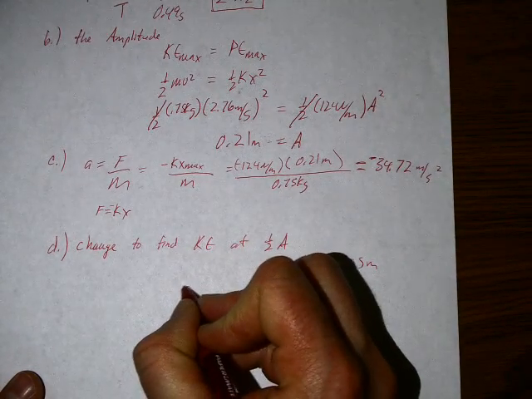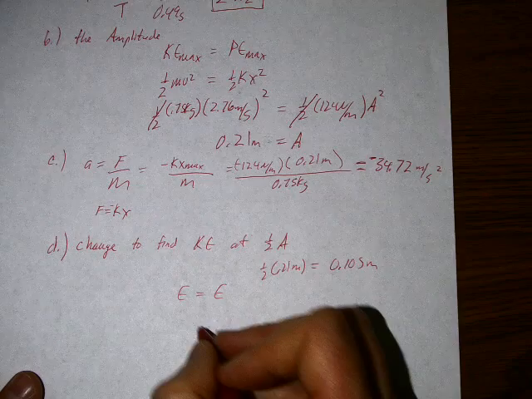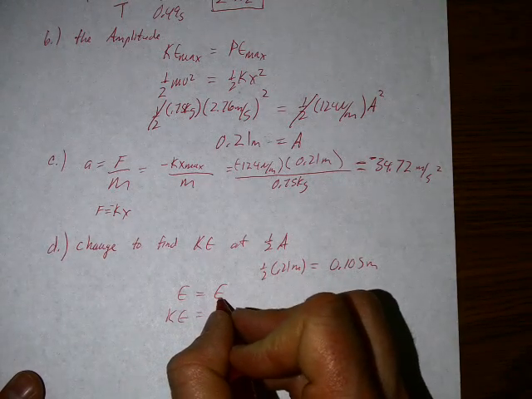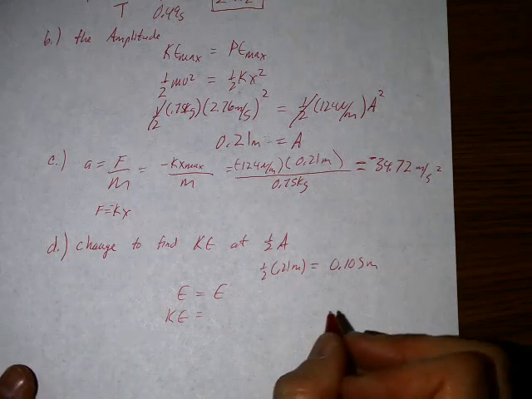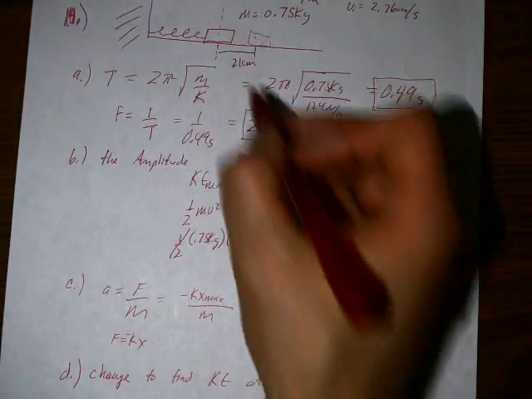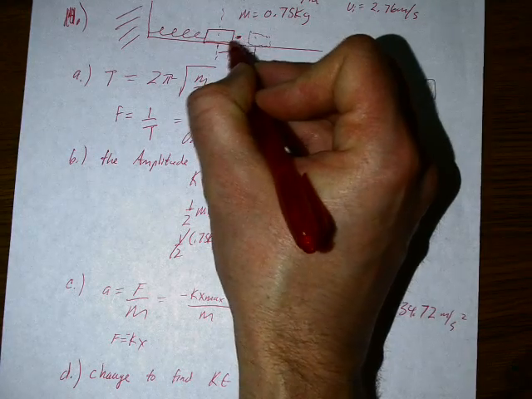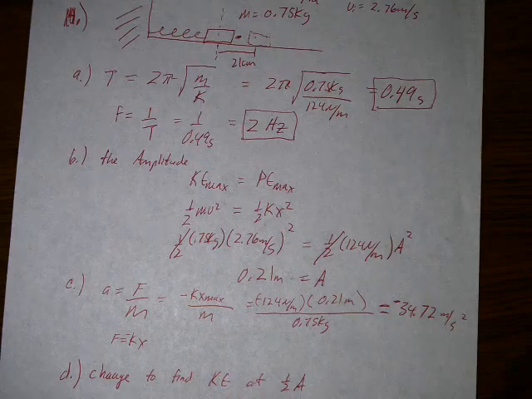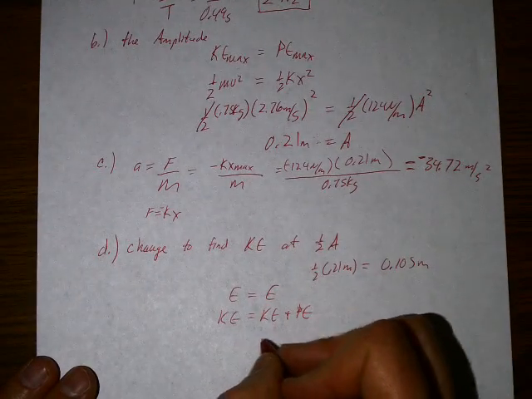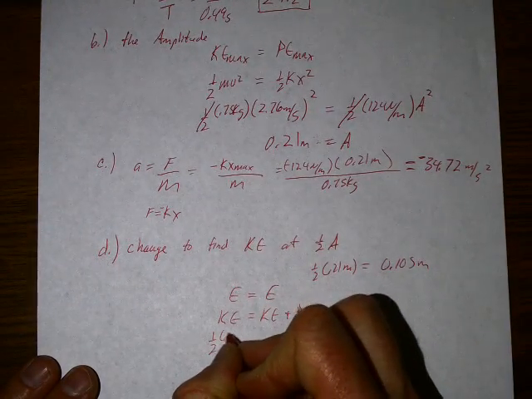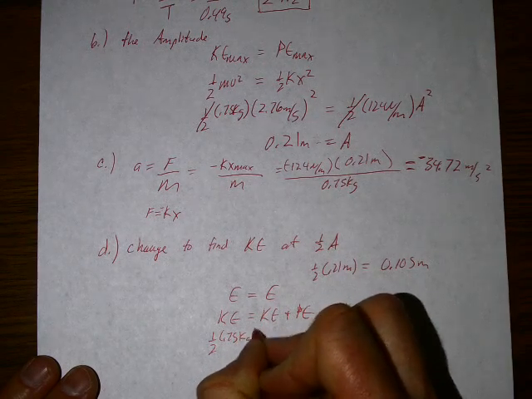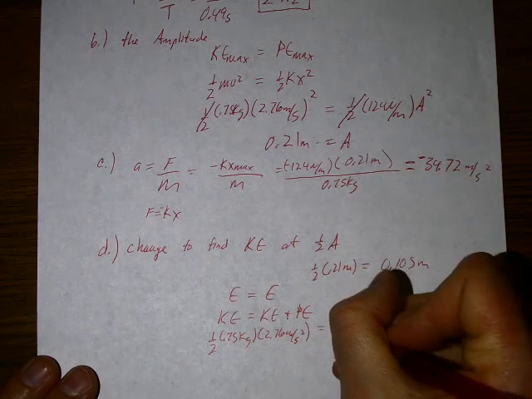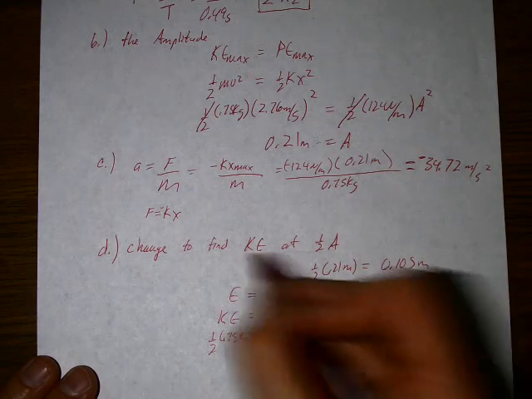I can solve that with energy because I know the maximum kinetic energy. I found that already. And then the energy at that point is when I'm halfway, that means I'm right here. I have some kinetic and I have some potential. So this is 1/2, 0.75 kilograms times the maximum velocity. And then this is what I'm trying to find, the kinetic energy.